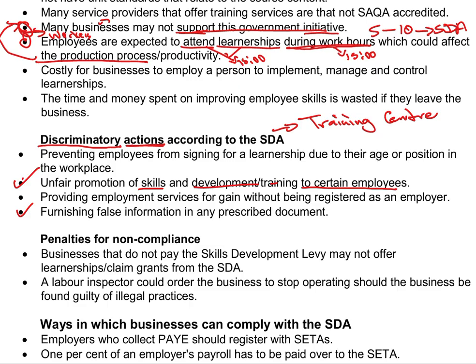When they say unfair promotion of skills and development training to certain employees, these are discriminatory actions according to the Skills Development Act. Who wants to explain this? Also, the second point says furnishing false information in any prescribed document. Who wants to try it?